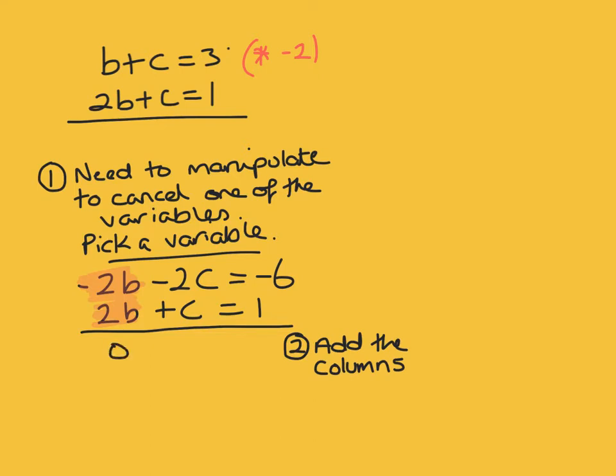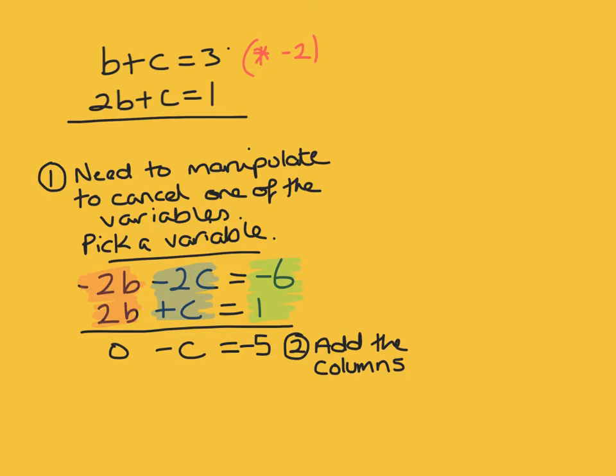The next column we have is -2c plus 2c, and that's going to give me -c. And then my final column, I have -6 plus 1, and -6 plus 1 is going to give me -5. And again, you can check that on your calculator.